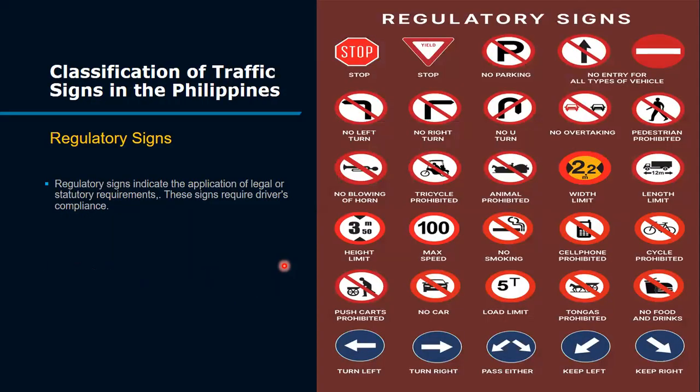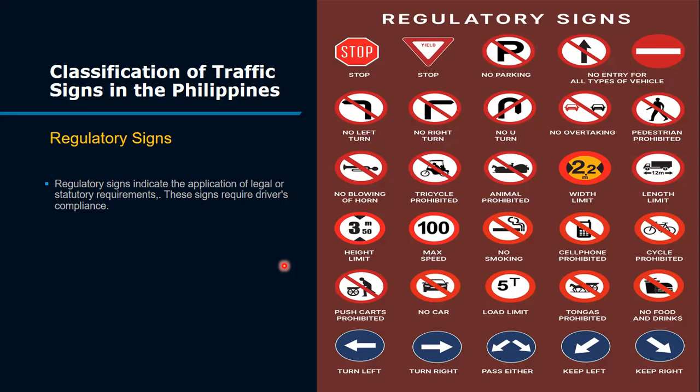So we'll go now to the classifications or categories of road signs or traffic signs in the Philippines. There are classifications of road signs based on the Department of Public Works and Highways Road Safety Manual, as cited by the Land Transportation Office.